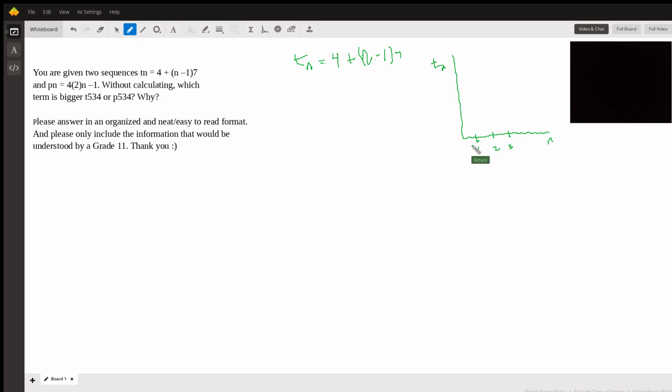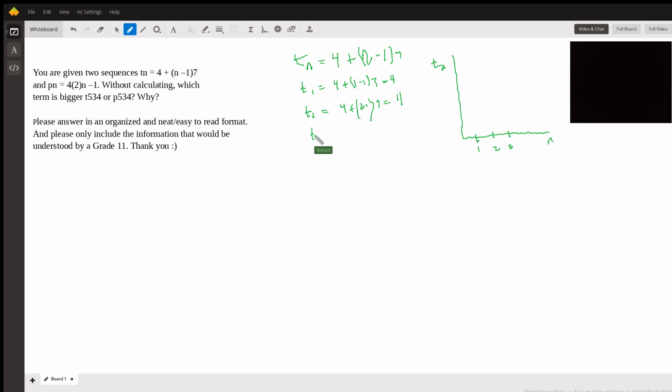2, 3. So let's just plug this in. T sub 1 is going to be 4 plus 1 minus 1 times 7. So this is going to be 4. And T sub 2 is going to be 4 plus 2 minus 1 times 7. So that's going to be 11.